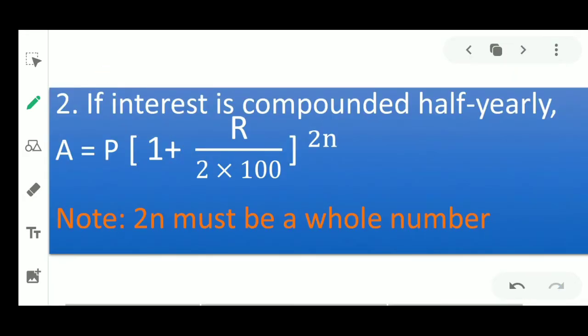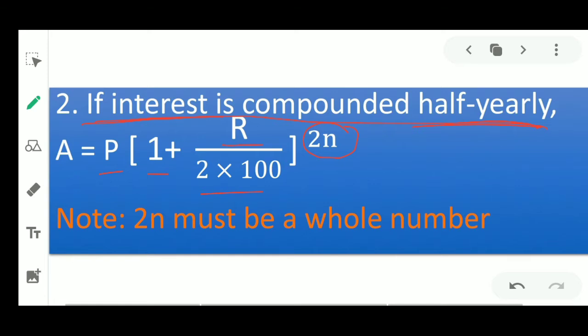Next formula we have: if interest is compounded half yearly, then the formula of amount is P into (1 + R/(2 into 100)) to the power 2n.